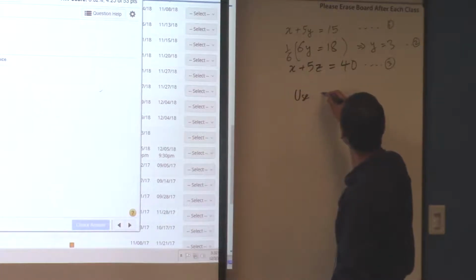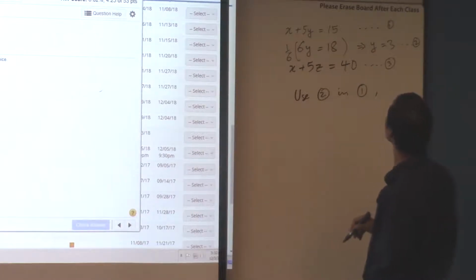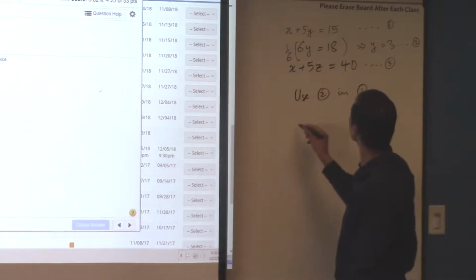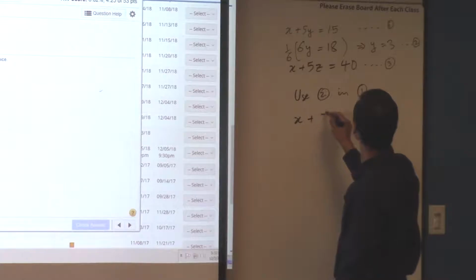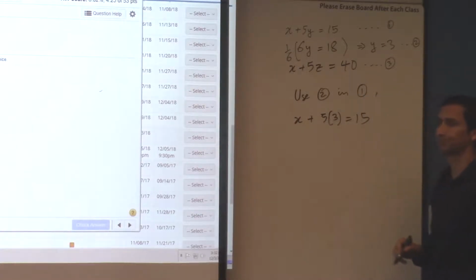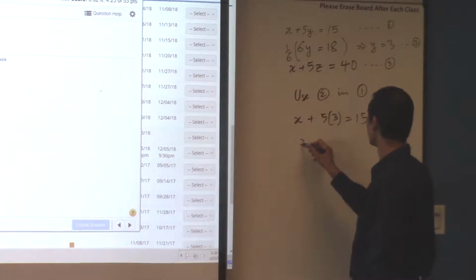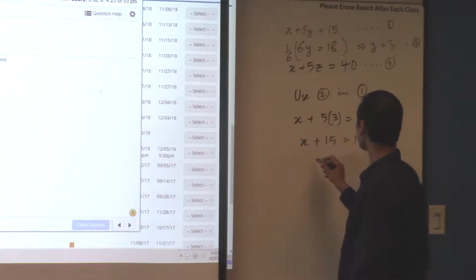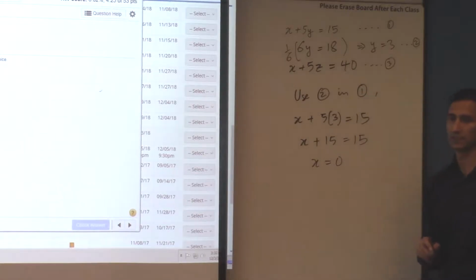So let's first use 2 in 1. If we do that, then you have x plus 5 times 3 equals 15. Let's simplify. This is x plus 15 equals 15, which is x equals 0.